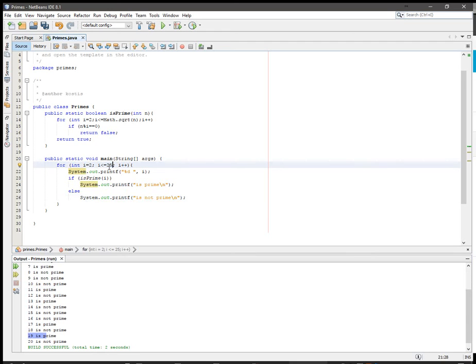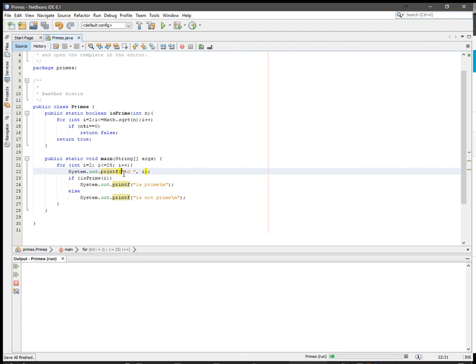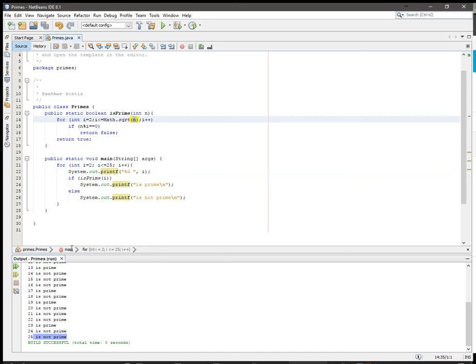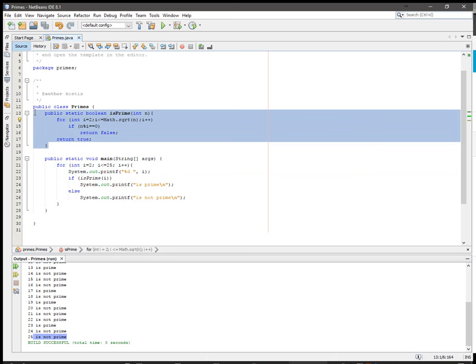I will like this to see whether this works okay. And so 25 is not a prime because it's divisible by 5. And it had to look up to and including the square root of n to determine whether it is a prime or not. So there you have it, a simple, concise function that determines whether an integer is prime.